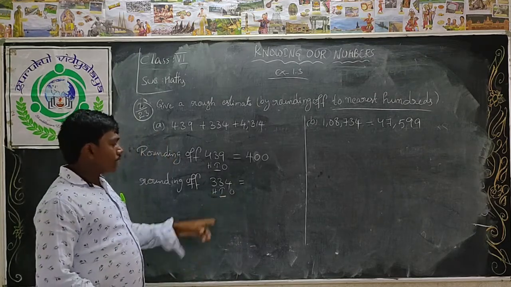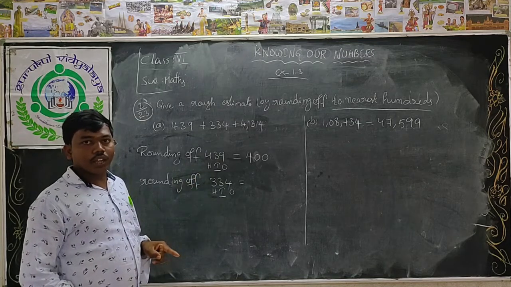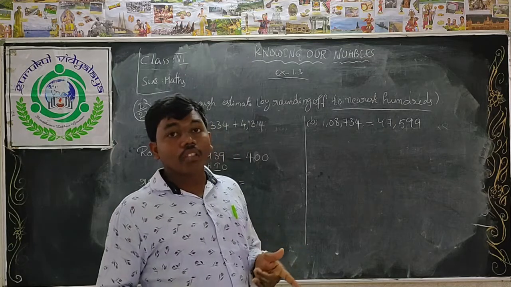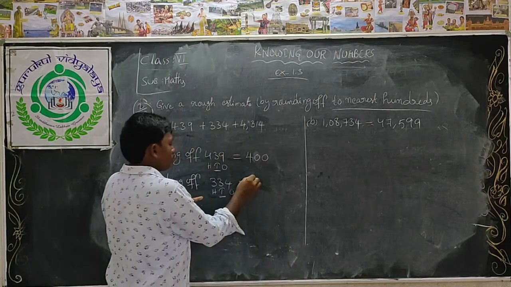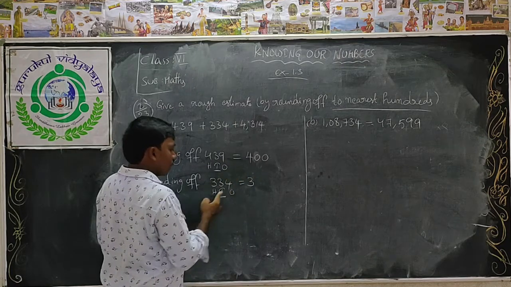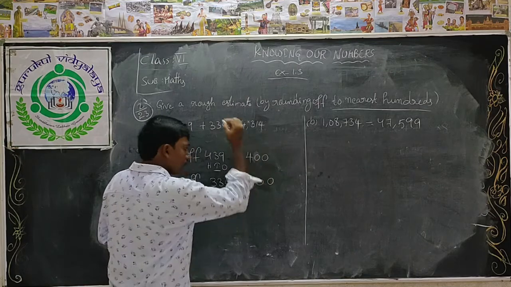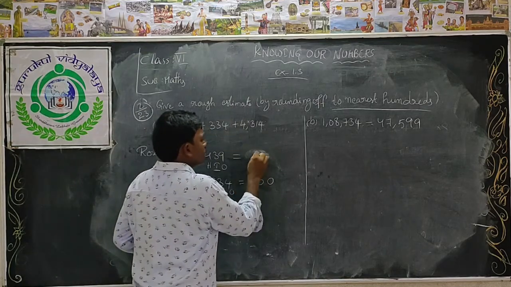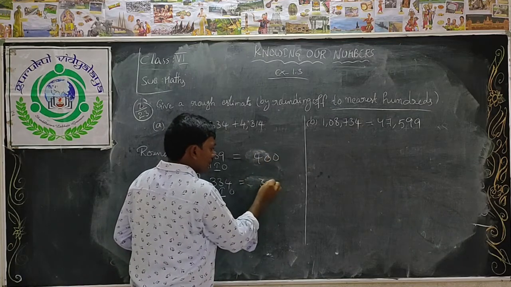Here what is the tens place value? 3. So 3 is the tens place value. Is it less than 5 or not? Yes, less than 5. So again no need to change the 100 place value, that is 3, and the remaining tens place will be 0 and ones place will be 0. That is 300. The first one is 400 and the second one is 300.